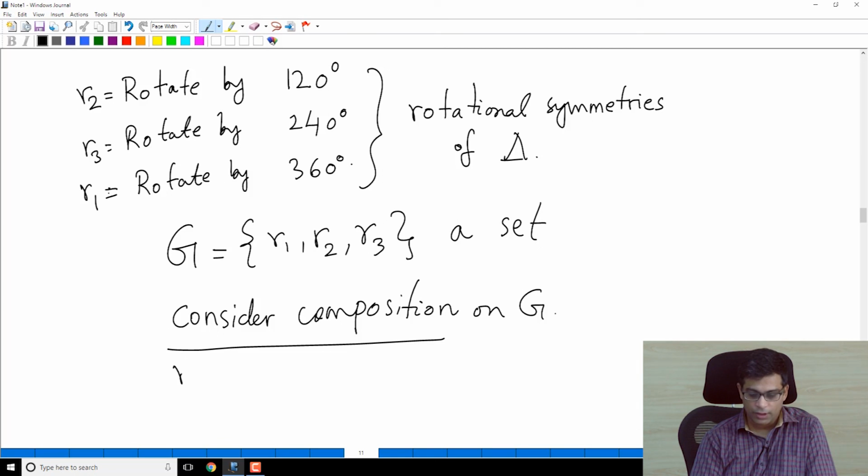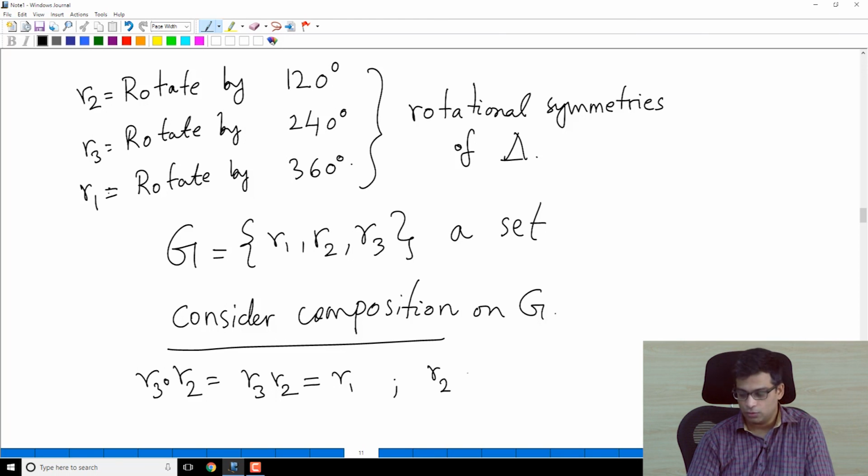In this case, it is very simple. If you rotate first by R2 and then by R3, that is, first by 120 degrees and then by 240 degrees, cumulatively I am rotating by 360 degrees. So, I get R1.